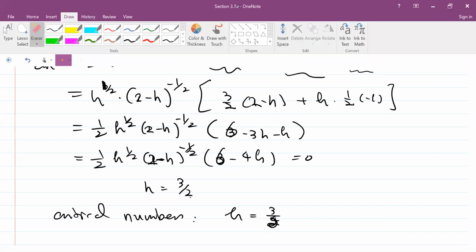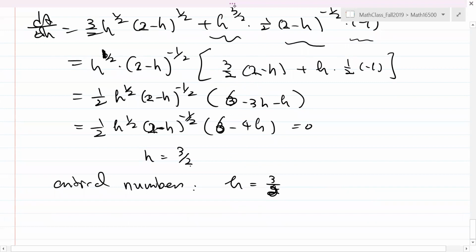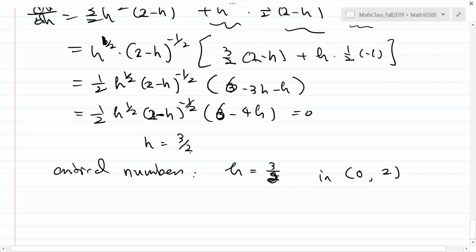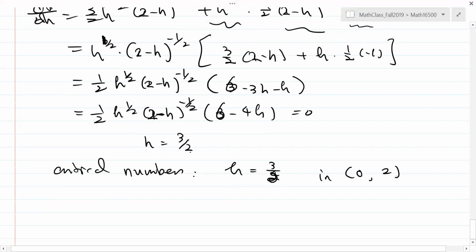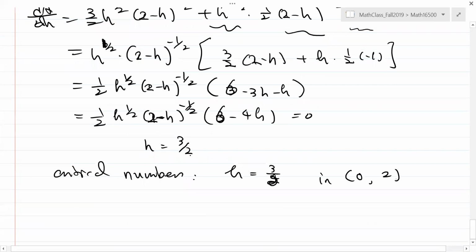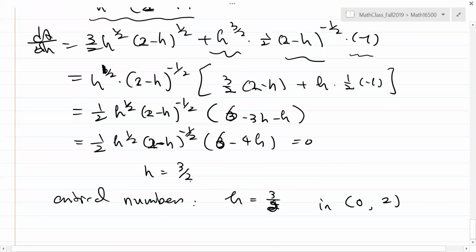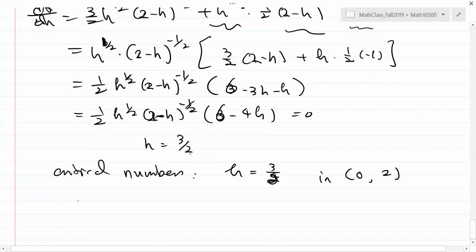Okay. In this interval, this is the only critical number. Great. All right. So this is the only critical number in the interval from 0 to 2. And clearly, when h equals 0 or h equals 2, the area is going to be 0.